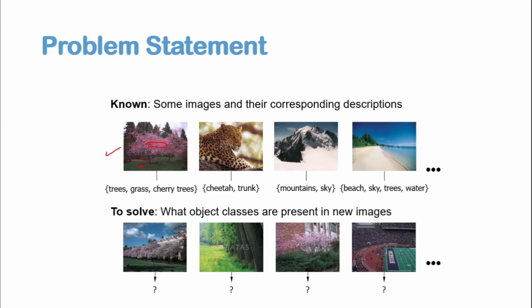Here is a cheetah, and this is a trunk, and this is a mountain, and here is the sky. Here is the beach, here the sky, and here are the trees. Sorry, this is the beach, and this is the water.